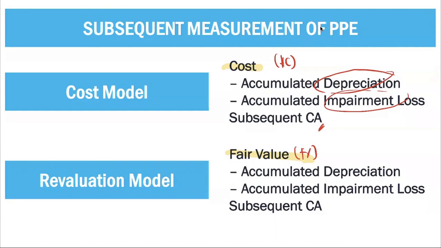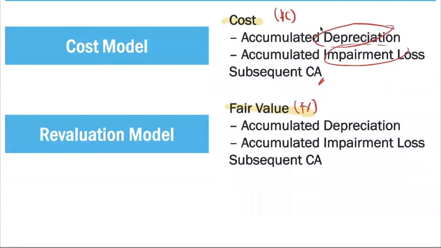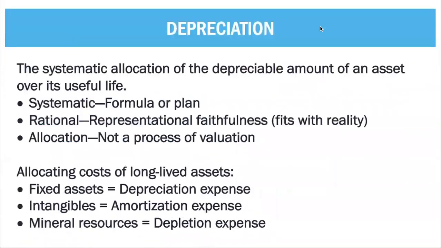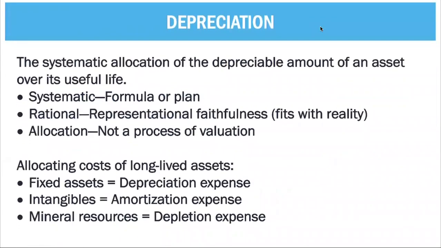Their difference: in cost, we measure it first at cost, the historical cost. In your revaluation model, we measure the PPE at fair value to compute your subsequent carrying amount. So what is the concept of depreciation? Just remember in your subsequent measurement, you need to discuss the items of depreciation and the next item, impairment.